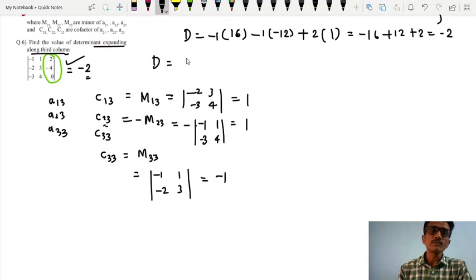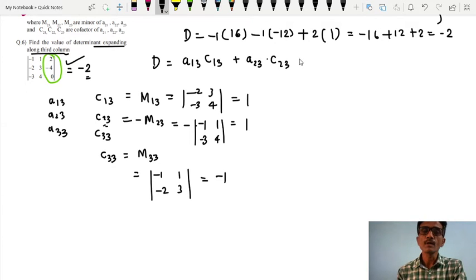Now the value of the determinant, if you expand it by the elements of the third column, is given by A13, the element of the third column, and its cofactor C13, then A23 into C23, plus A33 into C33.